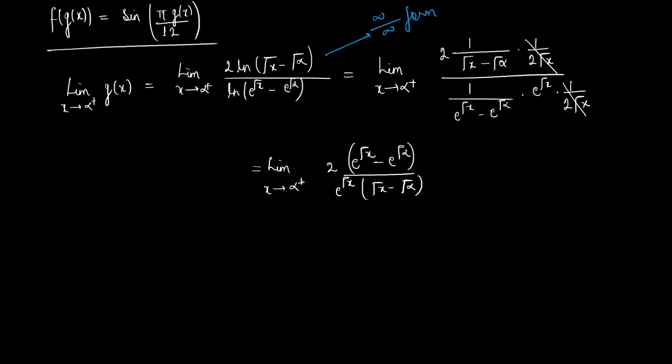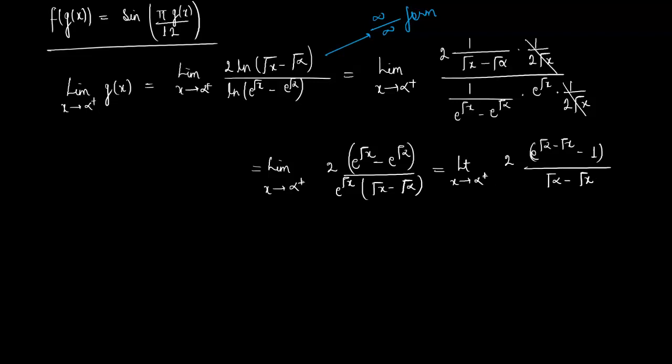Okay, after that this limit extending to alpha plus will be something like that, e to the power root alpha minus root x minus 1 upon root alpha minus root x.